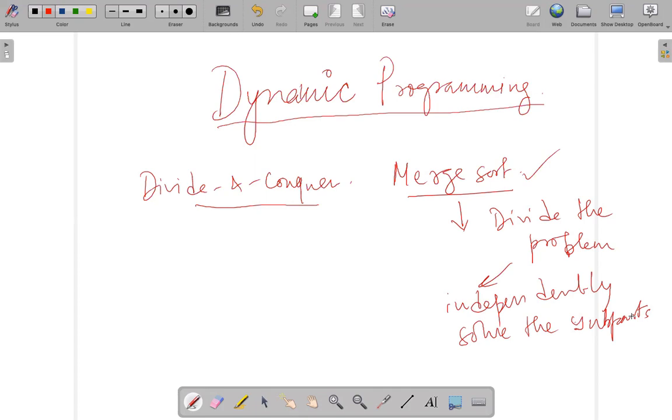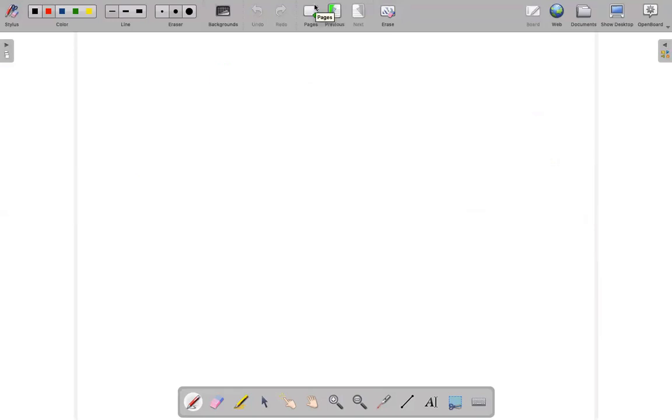So therefore here there is a need that both the subparts and in fact all the subparts that you divide the array into need to be independently sorted. And the sorting of each of the subparts does not depend on the sorting outcomes of the other subparts. So typically these kind of problems, the divide and conquer type of problems, are solved in a top-down approach.